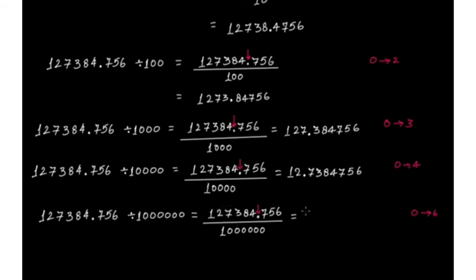So your answer will be, place your decimal point here, then 1, 2, 7, 3, 8, 4, 7, 5, and 6. Right? And since there is no digit before the decimal point, just place a 0 here. Since we have no digit before 1, it's better to always place a 0 here. So 0.127384756.